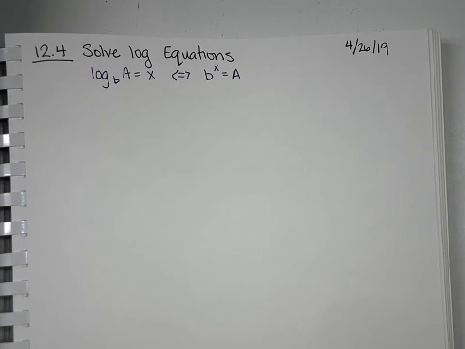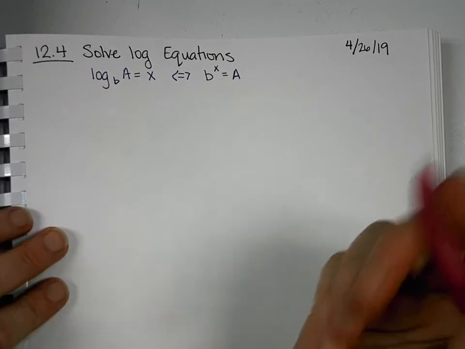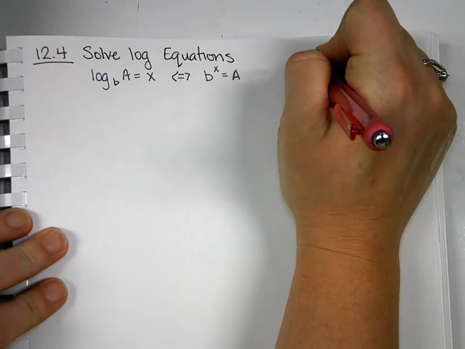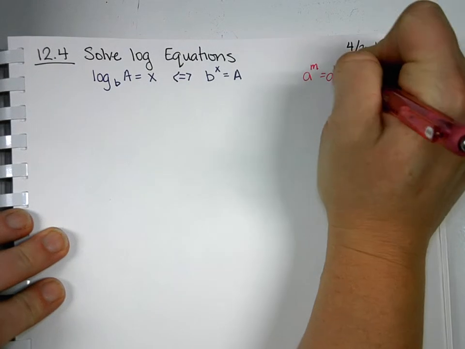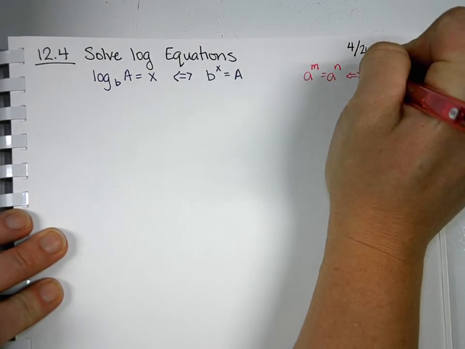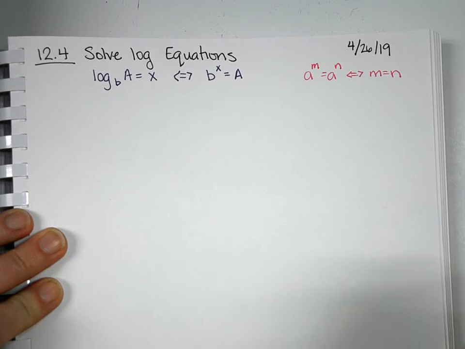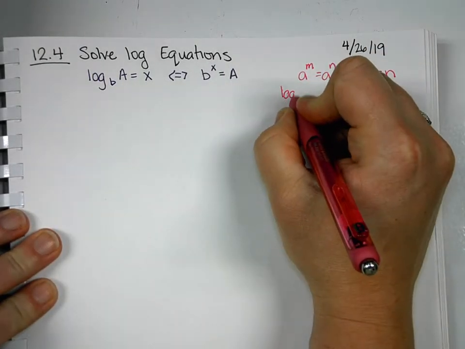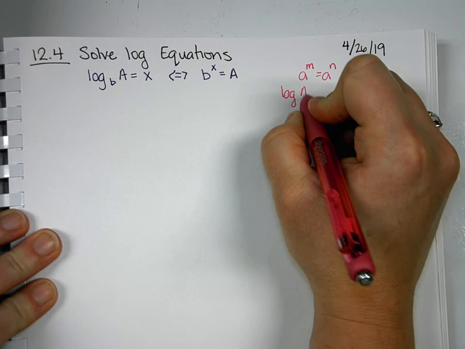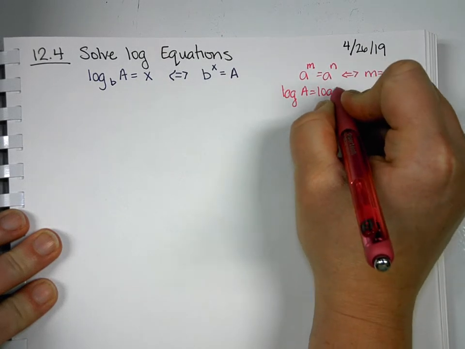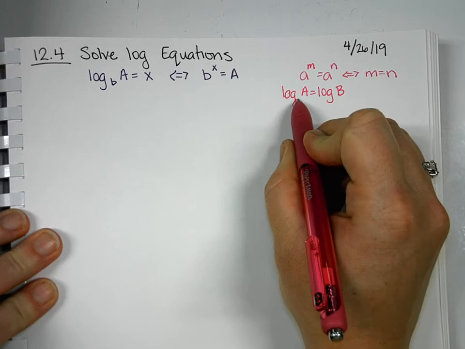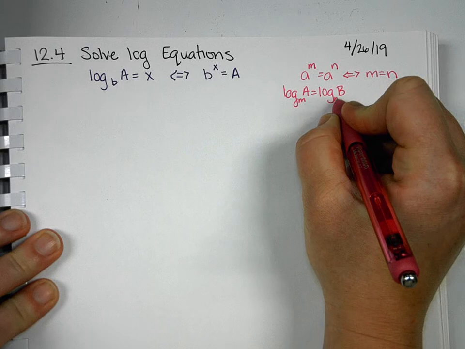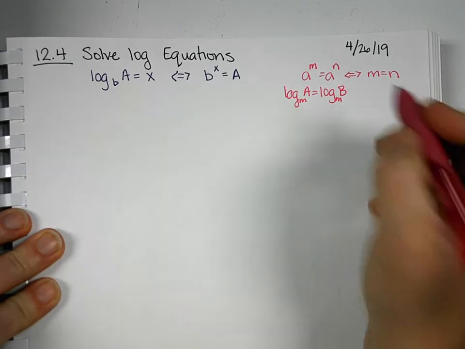Something else that you'll want to note is we had talked about this in exponential form when we had a to the m equals a to the n. We knew then that m would have to equal n. We have something just like that with logs. If I have log of a equals log of b, so a log with the same base, let's call this base m, because it doesn't have to be base 10, it can be any base.